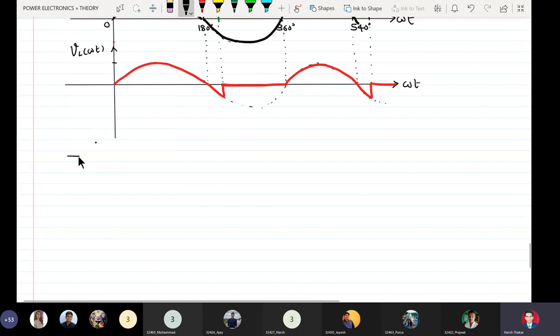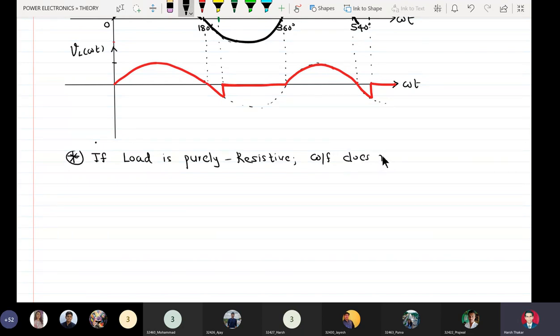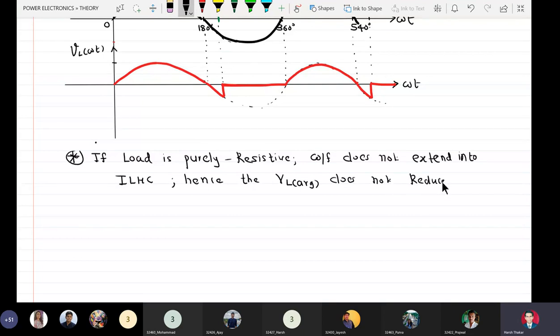So if load is purely resistive, waveform does not extend into the negative half cycle, hence the VLAVG does not reduce.